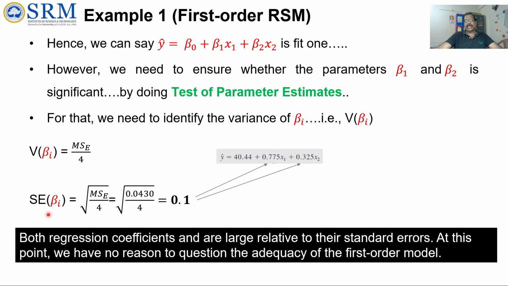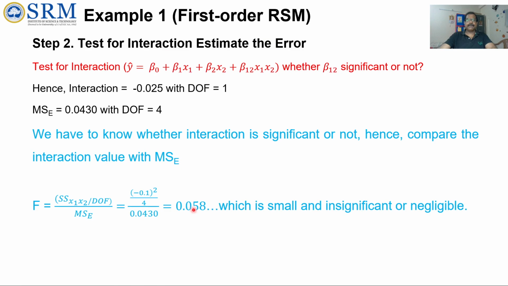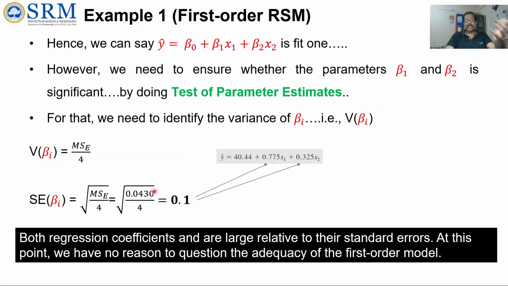So this 0.1 only we substituted. I hope you remember from where we substituted the 0.1. How did we calculate 0.1? This step should have been in the front. So S of E is 0.1 from this step.